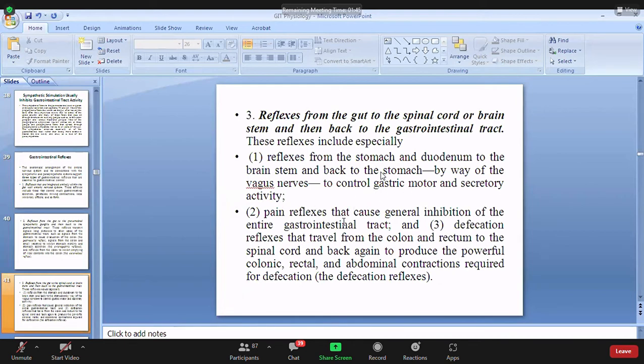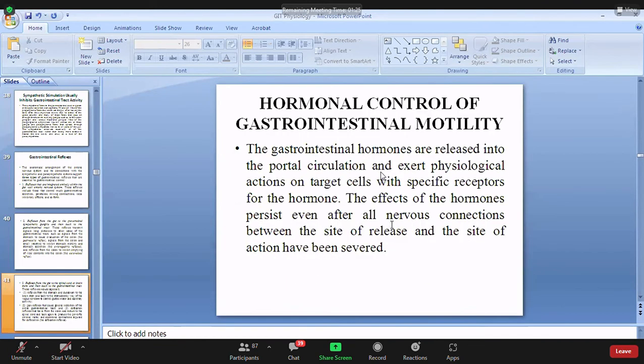On the other hand, pain reflexes that cause general inhibition of the entire GI tract, and the defecation reflexes that travel from the colon and rectum to the spinal cord, and then again back to produce powerful colonic, rectal, and abdominal contraction required for defecation.